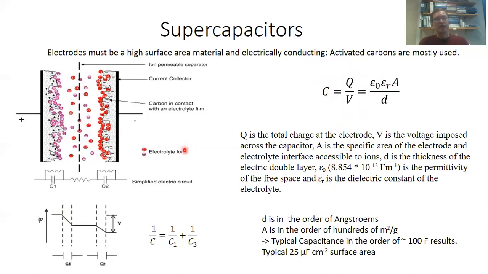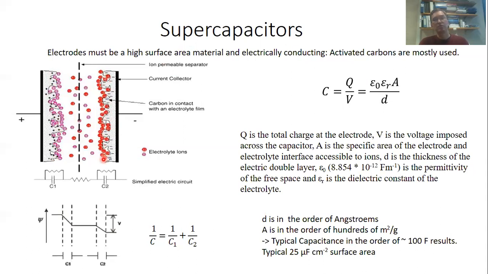All right. So another point that we need to consider is that when we have a supercapacitor, we always actually have two capacitors in series, because we have two double layers to consider. One at the positively charged electrode, and one at the negatively charged electrode.